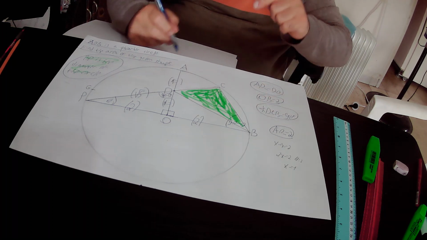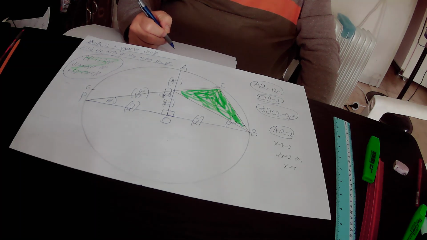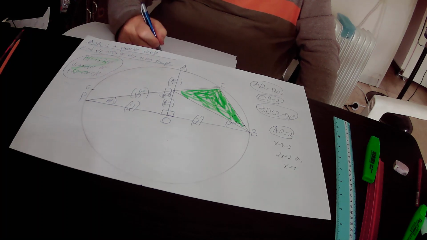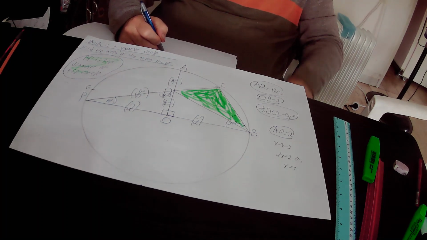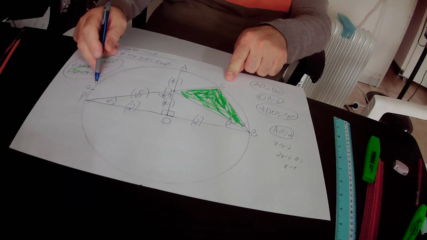CB is the missing side, so we leave it as it is. And it is also equal to PO, which equals 2, over PC. PC in total equals DC plus square root of 5. Repeat again. PC in total equals CD plus square root of 5.